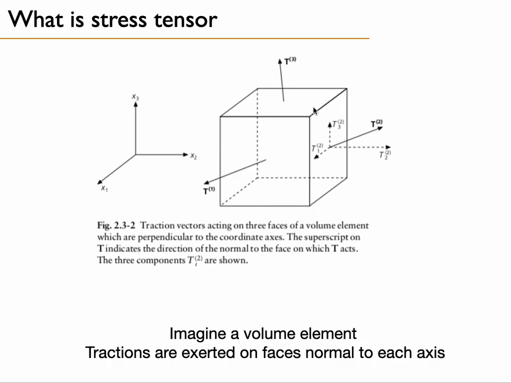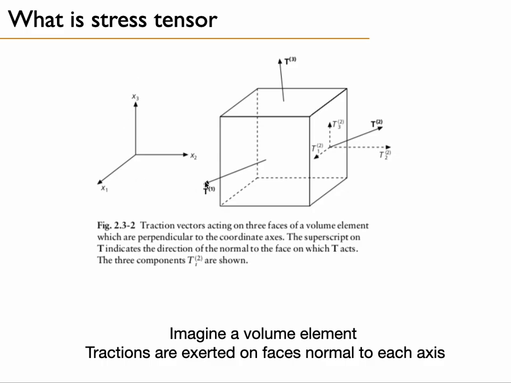And you see on this cube there are tractions which are applied. So there's a traction applied in that direction here on that face. A traction 2 is applied on a face which is normal to axis 2, and traction 3 is applied on the face which is normal to axis 3.